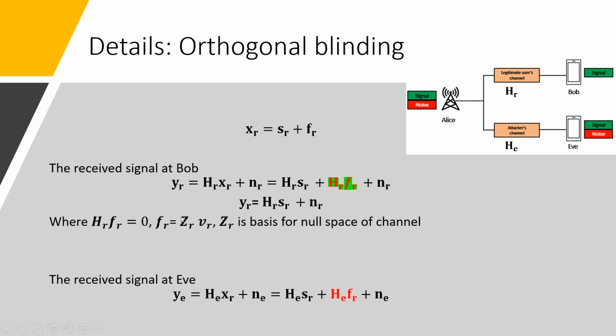HR FR becomes 0 because FR is ZR times VR, and ZR is the basis for the null space of the channel. On the other hand, the attacker will receive the following signal, and HE FR is not 0 for him.